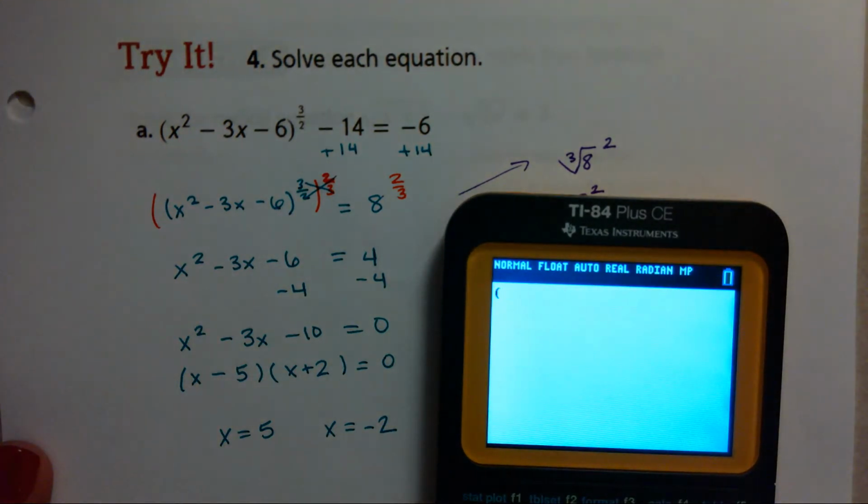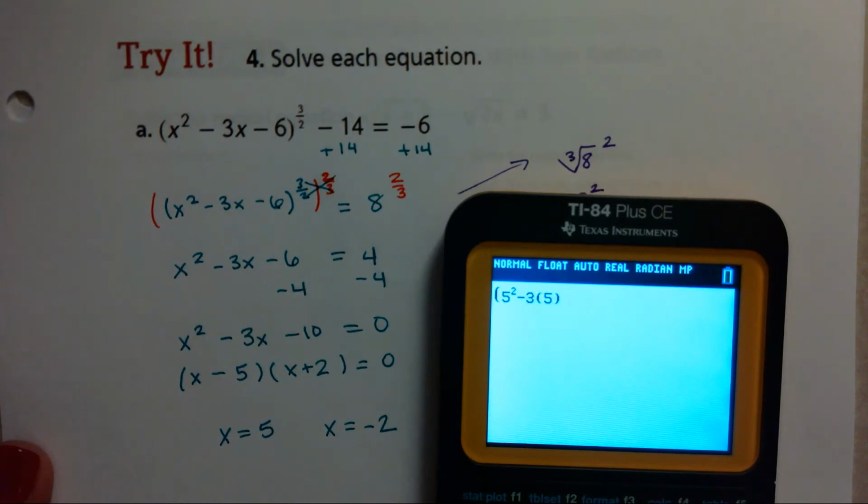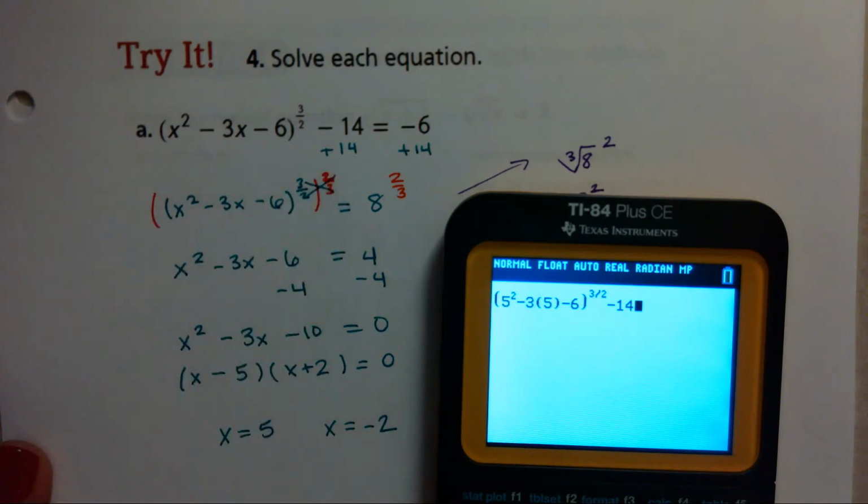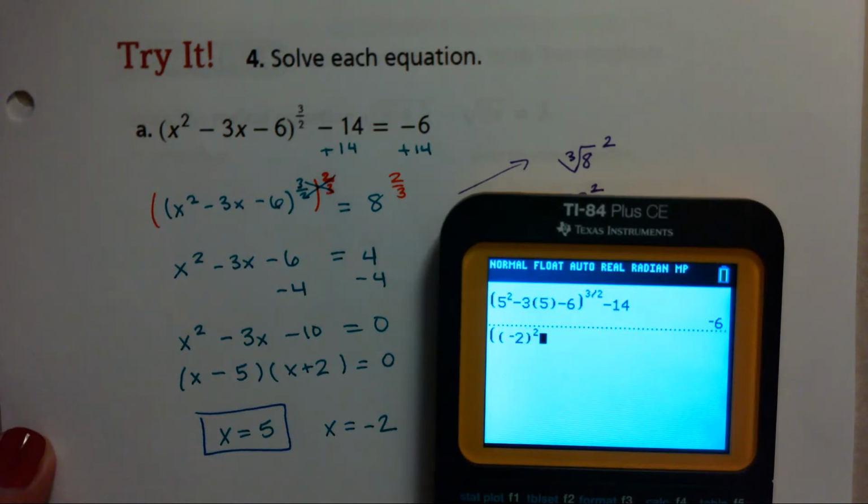I'm going to start with 5 squared minus 3 times 5 minus 6, raised to the 3/2 power, minus 14. I went back to the original equation, and I get negative 6, so 5 works. Okay, now when I go to square negative 2, I need to put that in its own set of parentheses to square it.